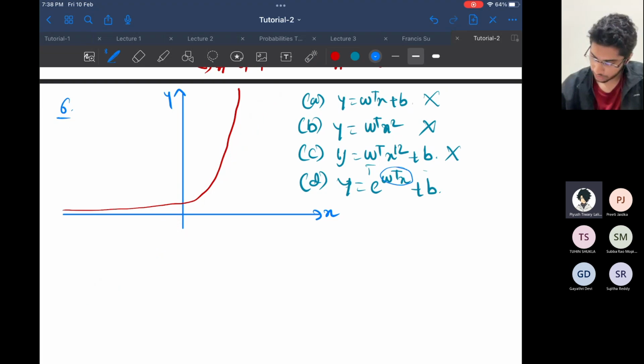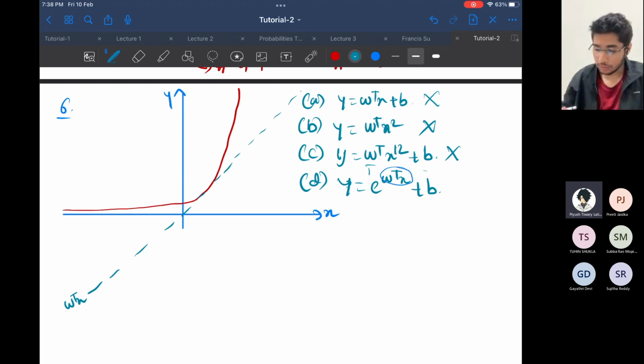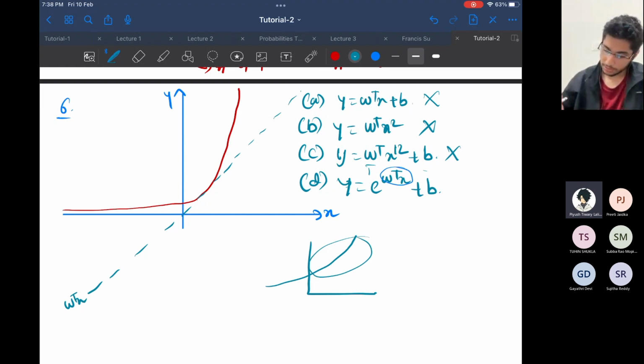Okay, so what I will do is create a proxy line here. So let us say this is the w transpose x. Now I have to take the exponential of this. So if you see, in the positive part, the exponential function actually grows. So let us remember that the exponential function looks something like this. In the positive part, it grows exponentially, so it will have some behavior like this.